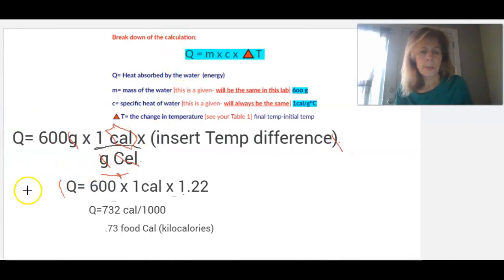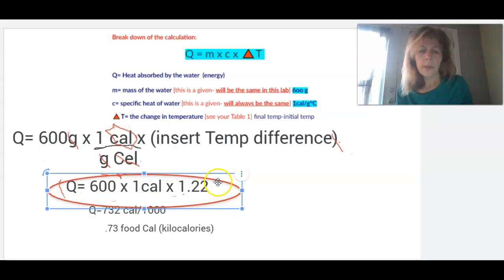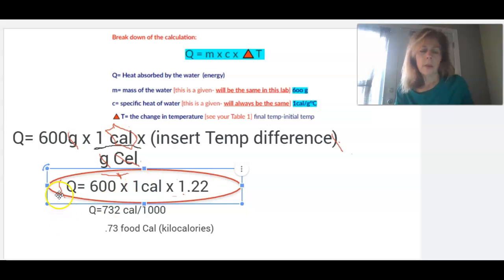what you want to focus on is plugging your numbers into this formula right here, okay? Because all the units cancel out, so I showed you that. And this puts it in calories with a little c. The 1.22 is your temperature difference that you get from table 1.